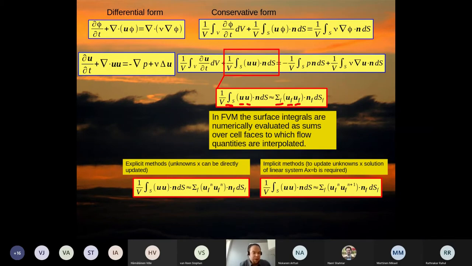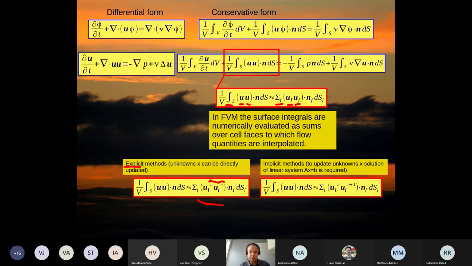You can have explicit methods, and in these explicit methods you know these directly. Please note that you have this n over here and here as well. That n is referring to the previous time step. So in an explicit method, you would estimate this directly, knowing the existing value of the solution from the previous time step, the current value that you have. But in implicit methods, you do something else.